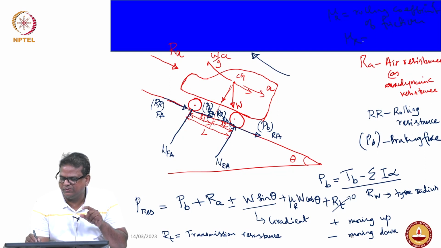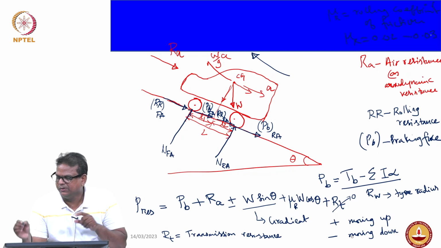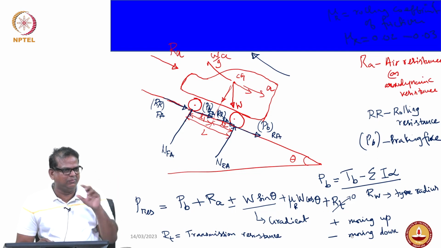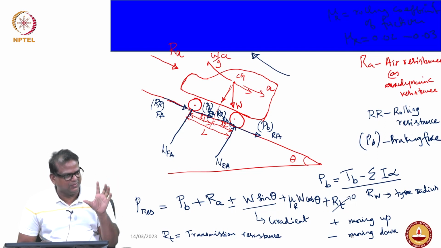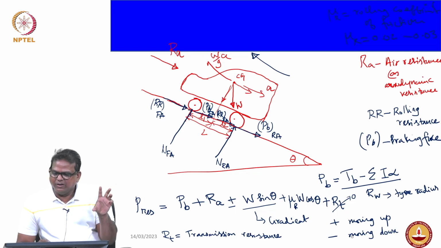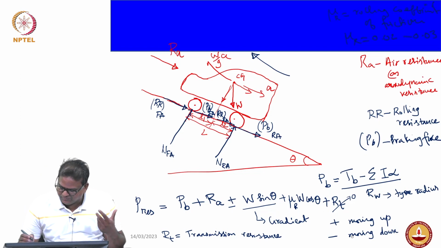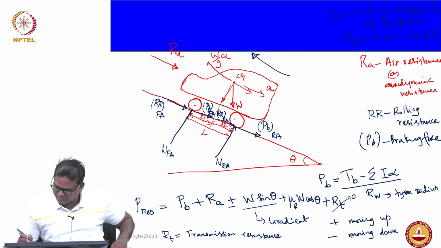Mu r equal to 0.02, 0.03. So W is the weight of the vehicle. Cos theta, even if you assume it as 0, you will have maximum load. But if you multiply by 0.02, do you think that makes sense? Doesn't, right? So we will omit that term also.